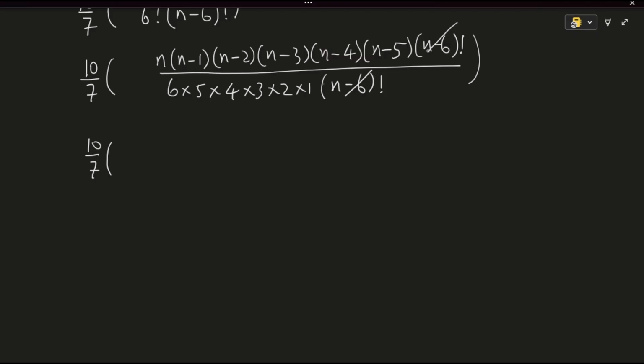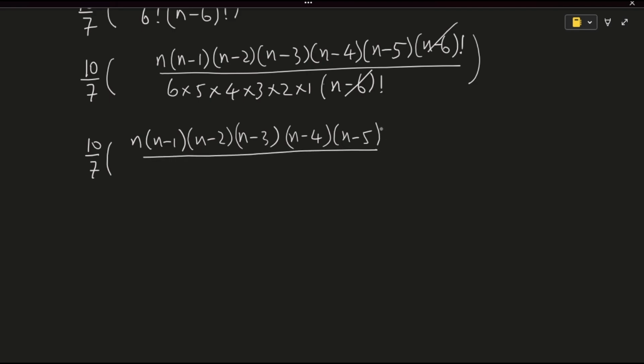so we're going to cancel this out. We're going to be left with, and if we are to do the math, we're going to have 6 times 5 times 4 times 3 times 2 times 1 is 720.